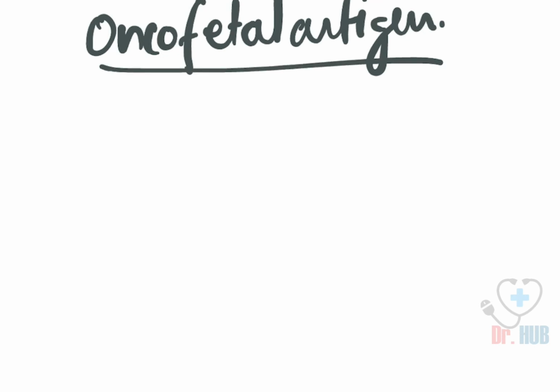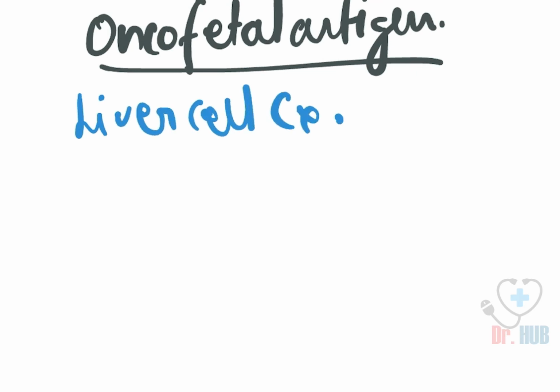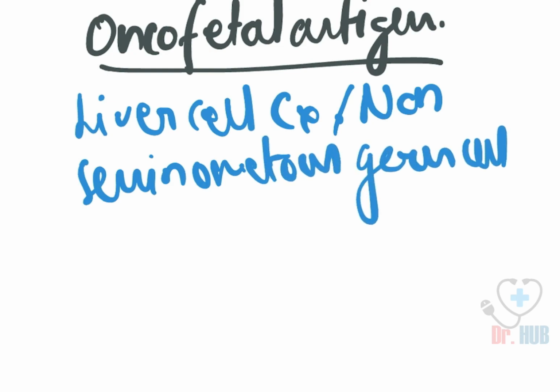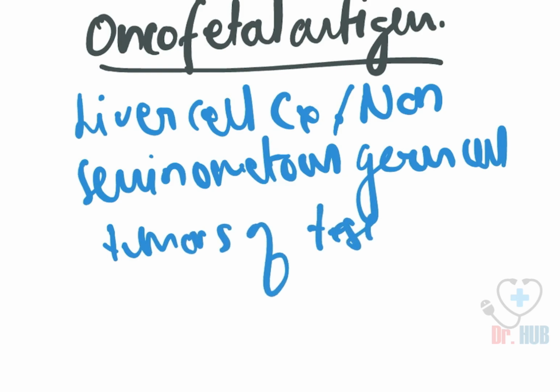Next, we move on to the oncofetal antigens. In oncofetal antigens, these are seen in the liver cell cancer as well as the non-seminomatous germ cell tumors, and this is of the testis.